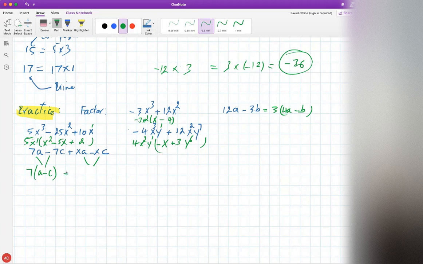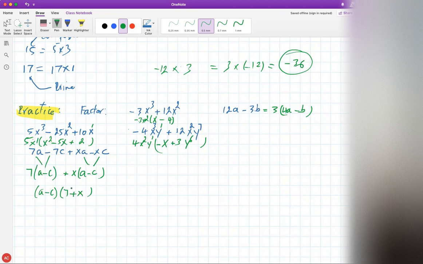Where is the common factor here? It would be 7 plus X. X is a common factor. Open the parentheses. What do we get inside? A minus C. Now it's going to be parentheses A minus C, parentheses 7 plus X. So the new common factor between these two is A minus C. If we remove it from here, move it to the front, we have 7 plus X left.